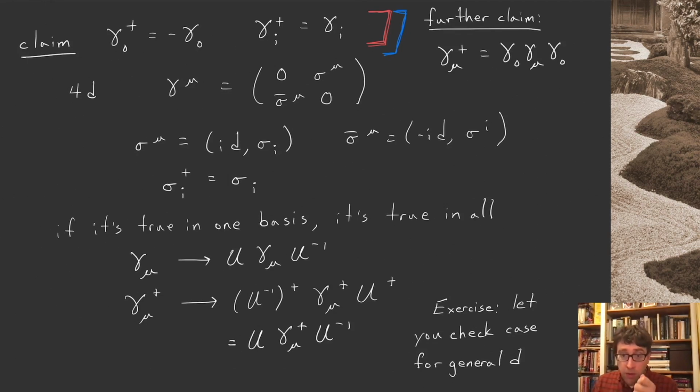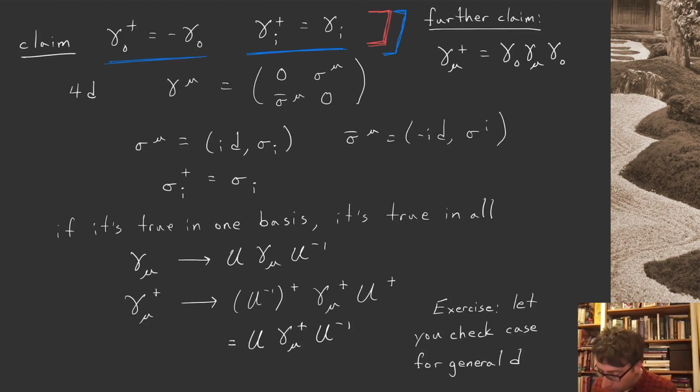If mu is equal to 0, then gamma 0 squared is minus 1, and that gives me the minus 1 for the Hermitian conjugation of gamma 0. But if mu is a spatial index, then I have to anti-commute the gamma 0 through the gamma mu. So I get a minus from that anti-commutation and a further minus from squaring gamma 0. At the end of the day, I get the plus sign for the gamma I Hermitian conjugate.